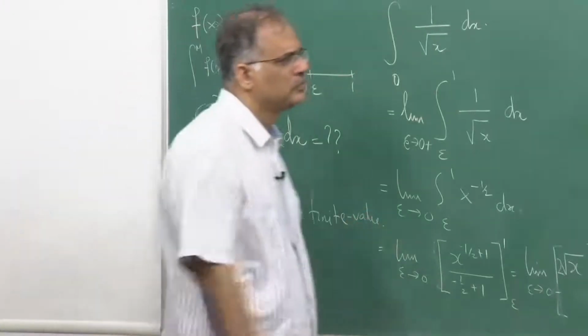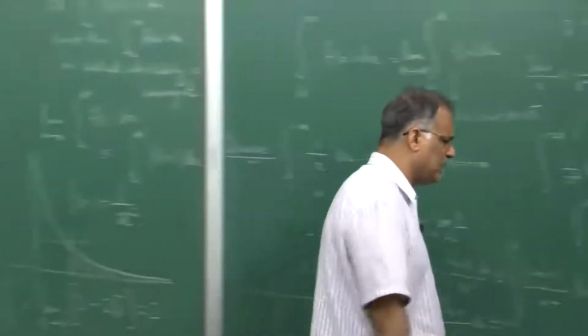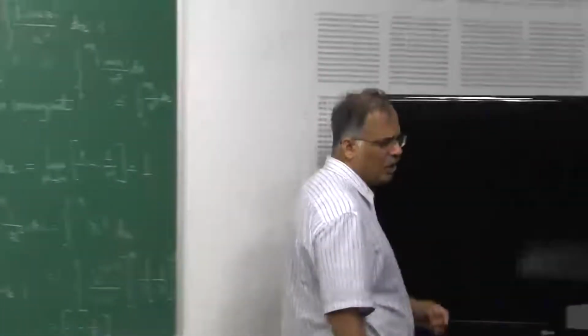There are certain integrals which are convergent but not absolutely convergent. That is, their modulus is not convergent, but the integrals themselves are actually finite. Such integrals are called conditionally convergent, but we will not discuss them here, right.